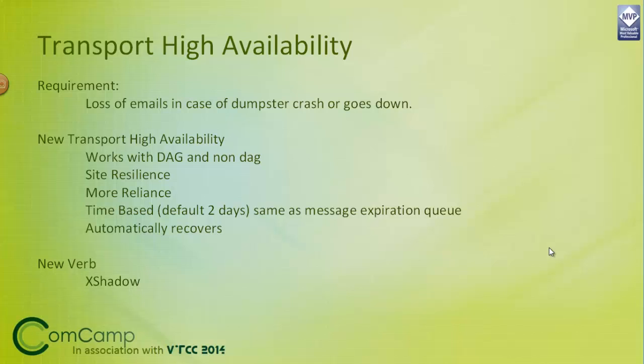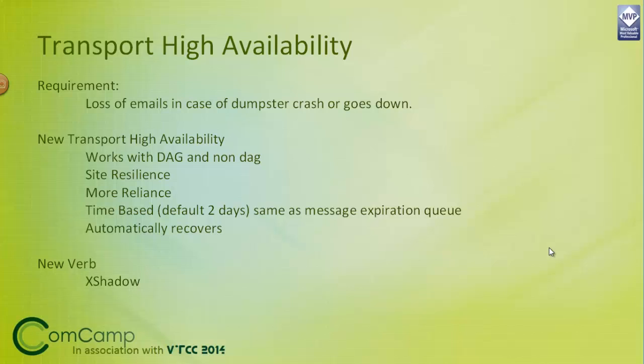In a DAG configuration, DAG is the transport boundary of this high availability. In a non-DAG configuration, the Active Directory site is the transport boundary of this transport high availability configuration. We need a minimum of two servers to get the high availability. That's obvious. We have the site resiliency.